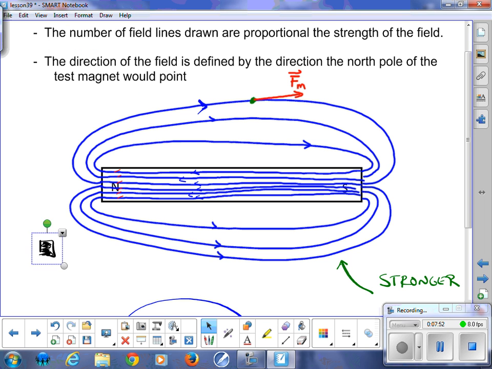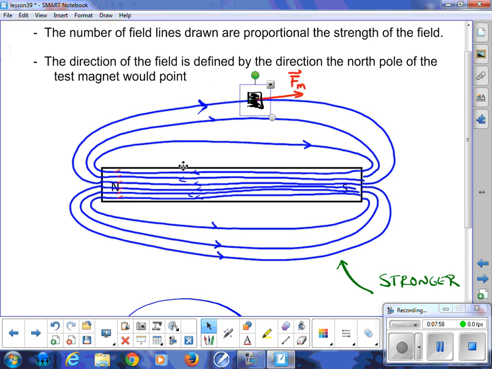If I was to place the magnetic filing here, the force acting on it is tangential to that curve. So the magnetic force acting on it makes it want to move in that direction. If I was to put the filing right here, the tangential force would be facing in that direction.